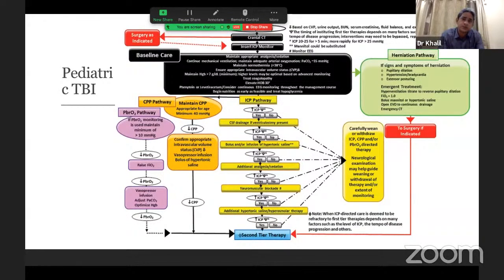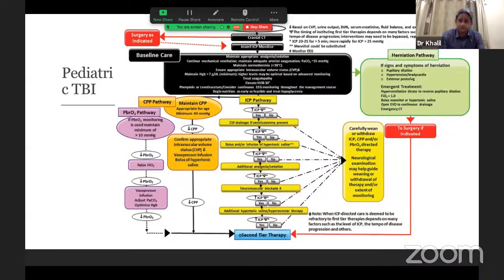Your cerebral perfusion pressure depends on your ICP. So what is CPP? CPP is nothing but your mean arterial pressure minus your ICP. Because ICP is not controlled, ICP is high, your cerebral perfusion pressure decreases, which will lead to cerebral hypoxia.